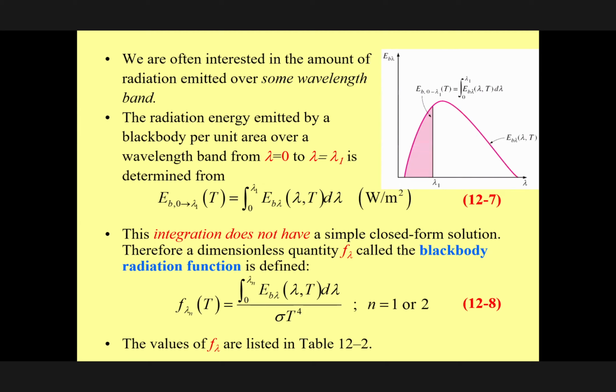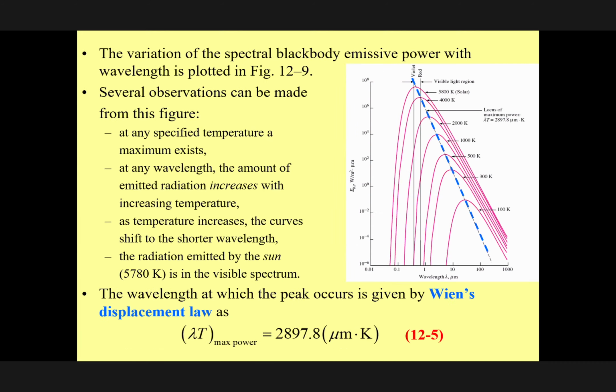Now, as I mentioned, in some applications, we have to design the system based on our need. Therefore, I would like to design, let's say, a solar collector that absorbs the maximum energy.